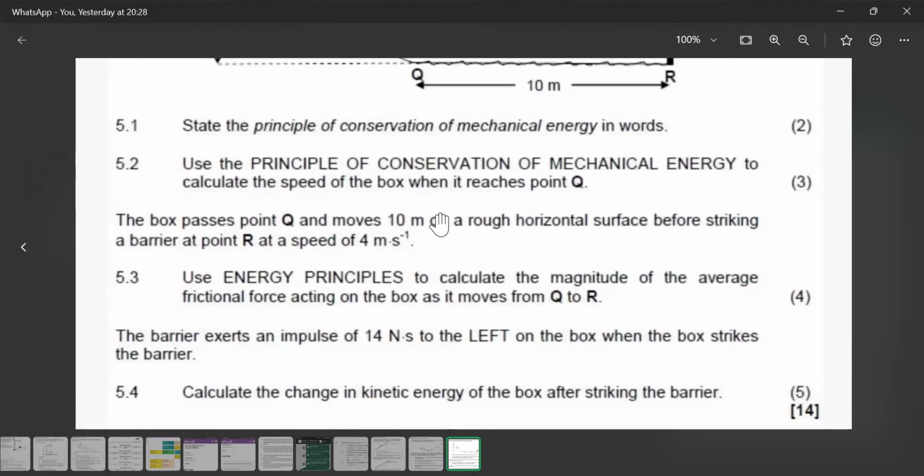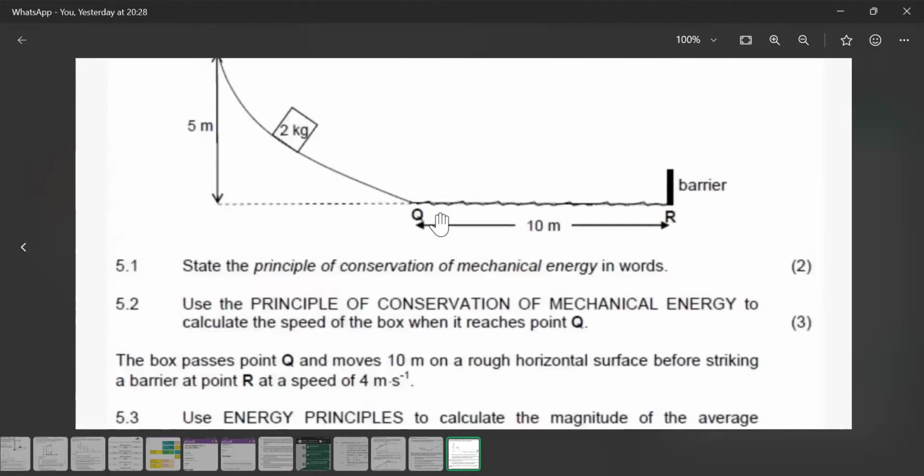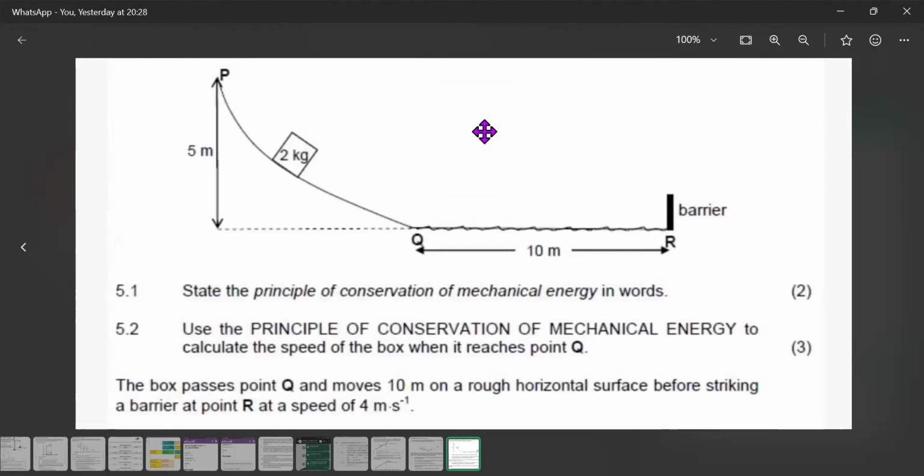Because the focus is no longer on what was happening before, like from Q to R. That's not the focus anymore. The focus is now on the box striking the barrier and the barrier exerting an impulse on that box.